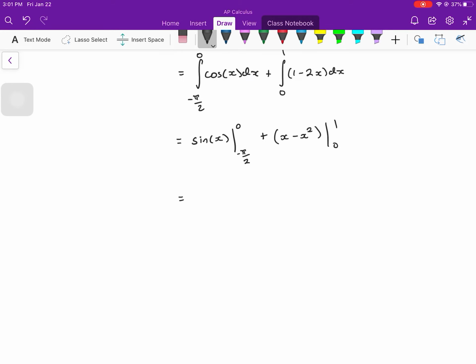Then we just plug it in. So that's going to be for the sine right there. So I'm going to put some big brackets there just to represent that one, and then plus, big brackets again.